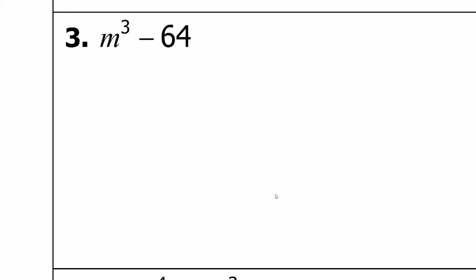Number 3. This, again, has no greatest common factor. I see this multiple of 3, I think to myself, is this difference of cubes? Well, m to the third definitely is a perfect cube. How about 64? Sure enough, it is. 4 times 4 times 4 is 64. So this breaks into a binomial times a trinomial.